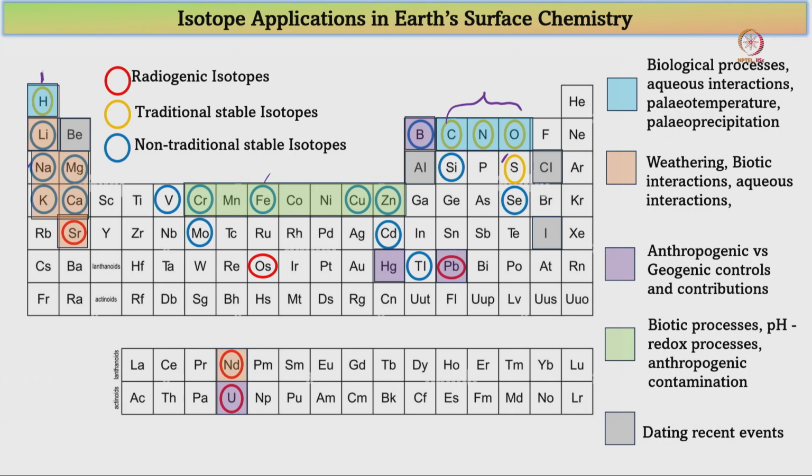So, what we observe is that by using multiple isotope data sets, we get a better understanding of whatever process is happening, or the source sink balance, or basically to answer the questions that we are trying to ask.